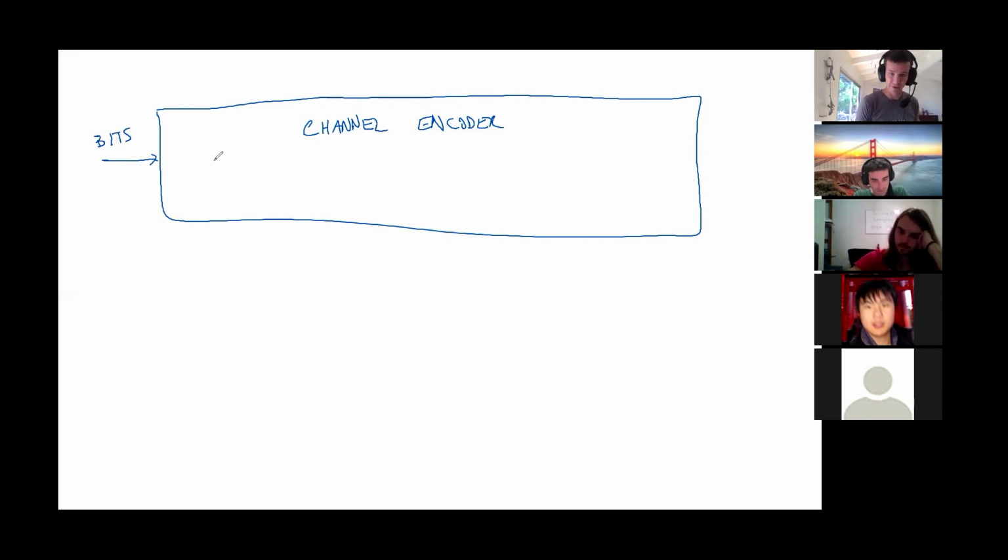And the very first thing you want to do is change those bits actually back into signals. So when I talk about signals, this is the choice. This is when we have to get into the new terminology. So this is going to be bits to symbols.